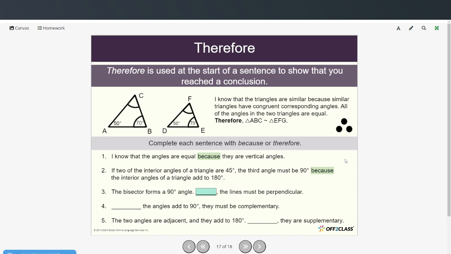The bisector forms a 90-degree angle, therefore the lines must be perpendicular. And because the angles add to 90 degrees, they must be complementary. The two angles are adjacent and they add to 180 degrees, therefore they are supplementary.